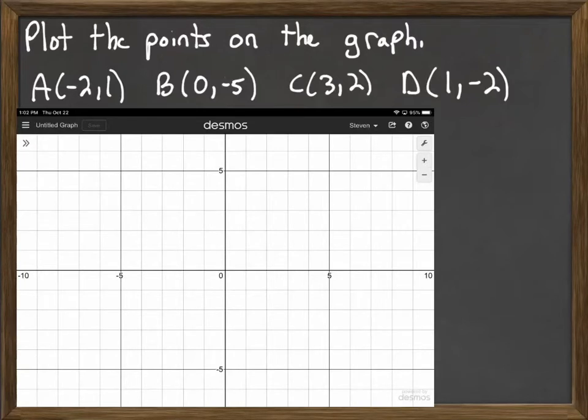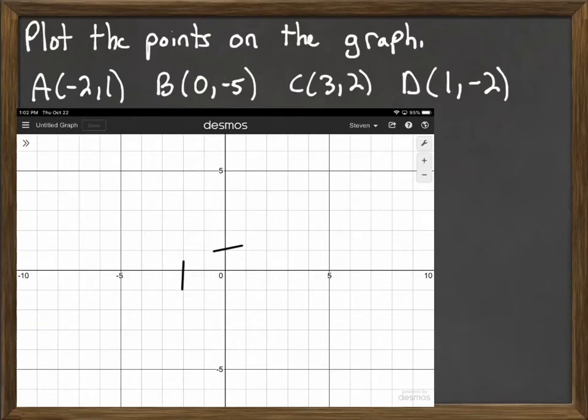So first things first, A is -2, 1. Remember, points are X, Y, horizontal, vertical. So we're going to be moving 2 units to the left. That's where we're going to have our horizontal component. And we're going to be up 1 unit. That's going to be our vertical component.